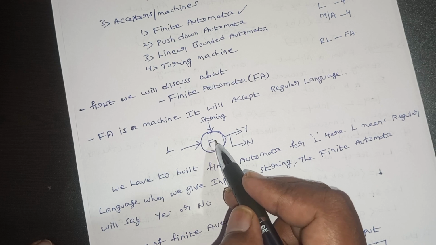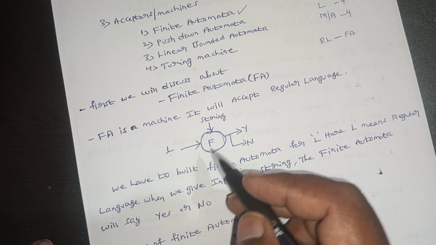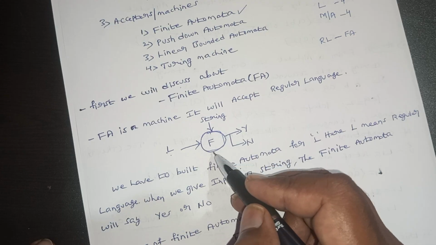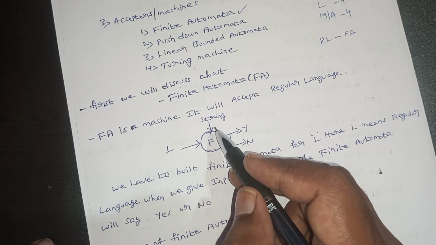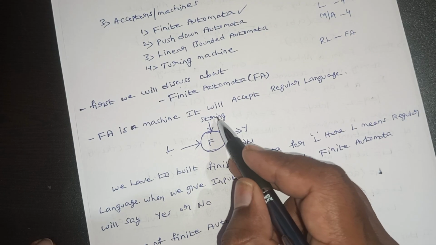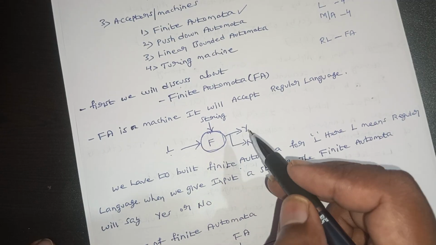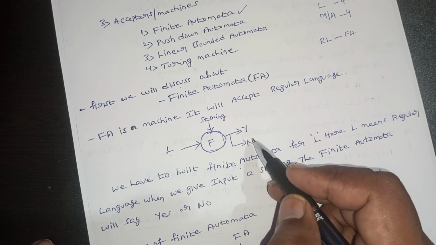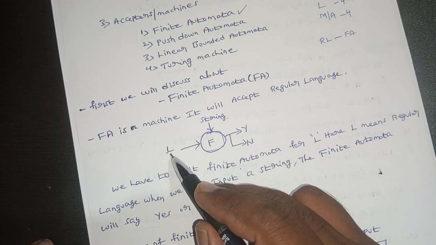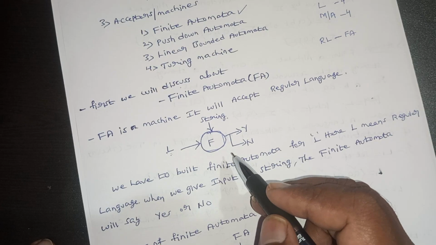Then for this model I am giving one input. What is the input? That is a string. Then what is an acceptor? It is going to tell yes or no. It means whether the string is present in the language or not.